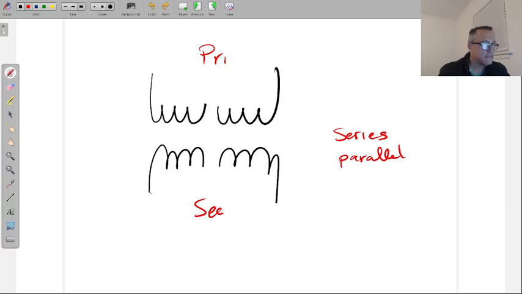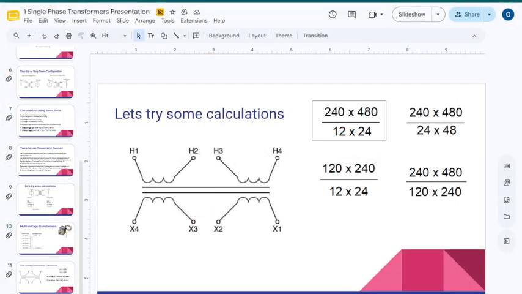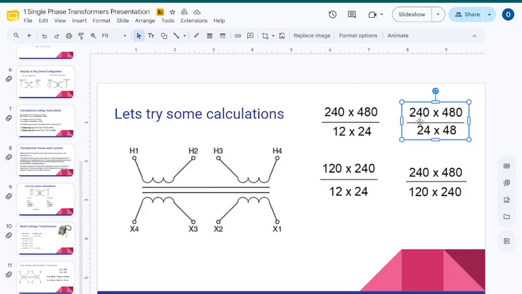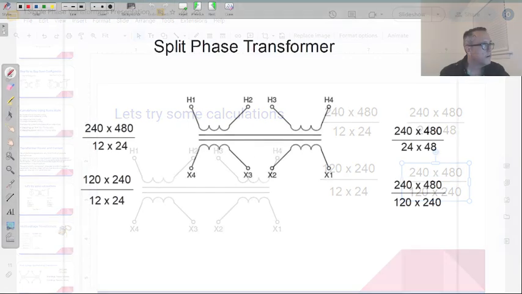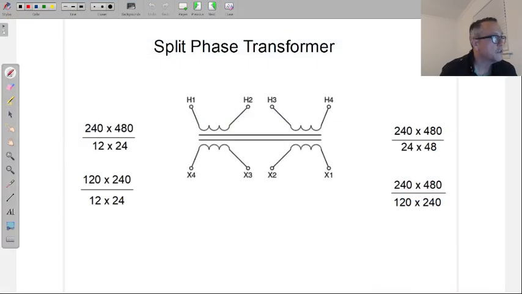All right, so let's boil that down and get a better understanding of it. As I mentioned when I showed you the transformer earlier on, this is one of the types of transformers that you can select to have different voltages connected on the primary and get different voltages on the secondary side. All right, so let's come over here where I have these voltages.